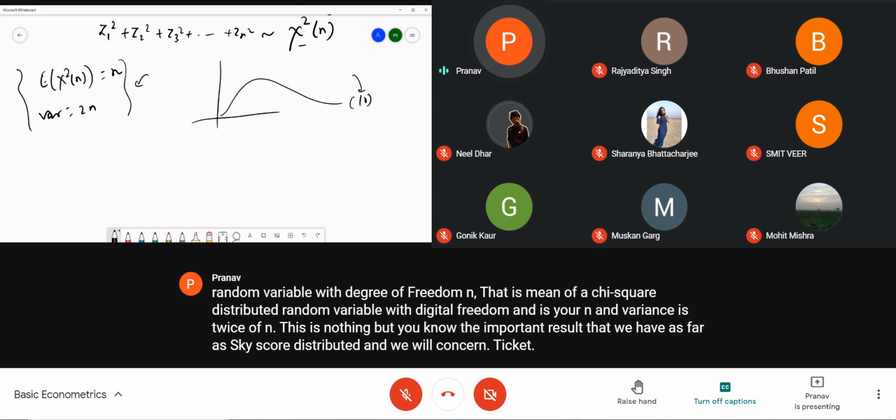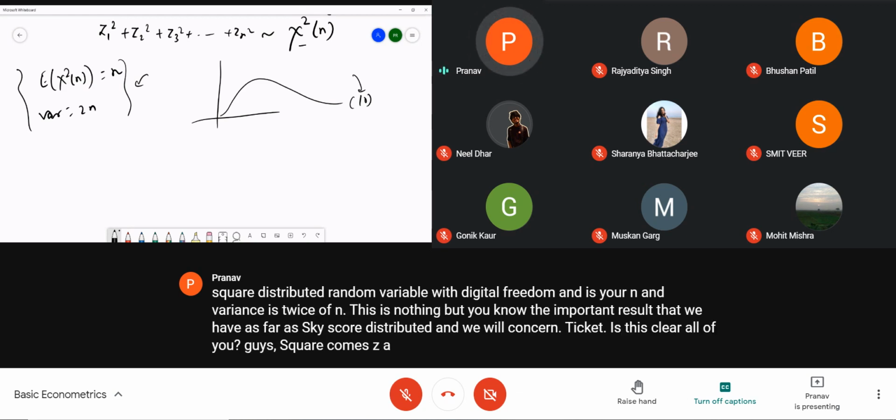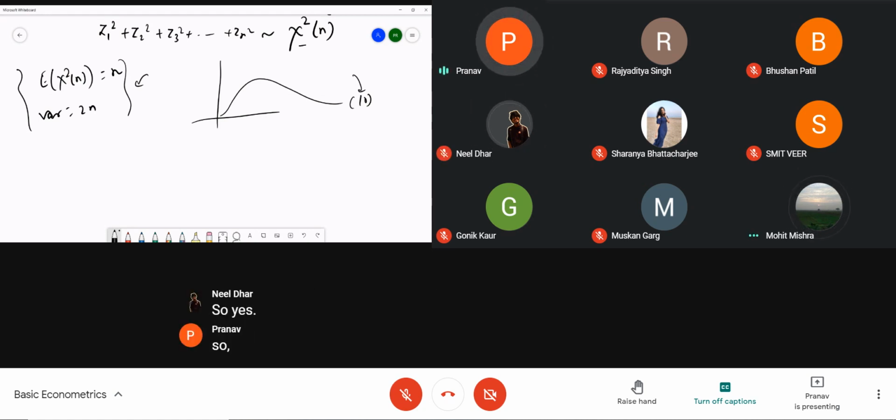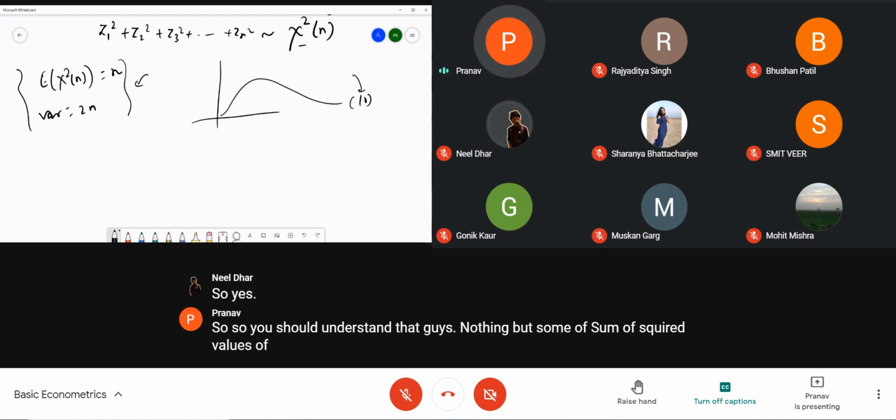Is this clear? chi-square को हम z से कैसे obtain करते हैं? So you should understand that chi-square is nothing but the sum of squared values of independent standard normal variables.